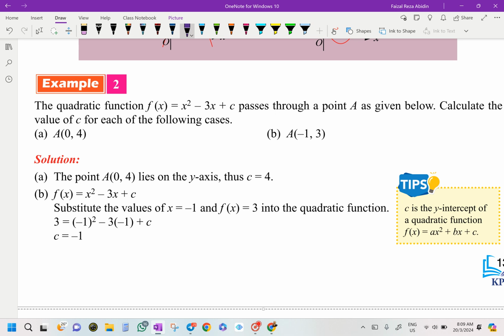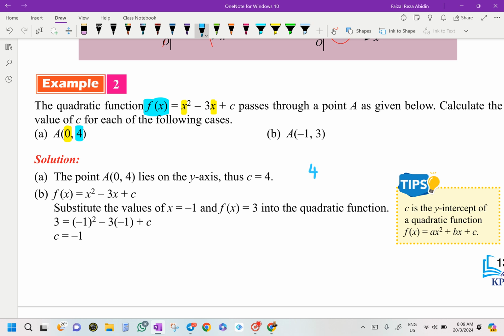So if you look over here, like I said, fx adalah kita punya y. X ni adalah kita punya x. Kan? So you just substitute. Bila substitute, using the functions there, y is 4.